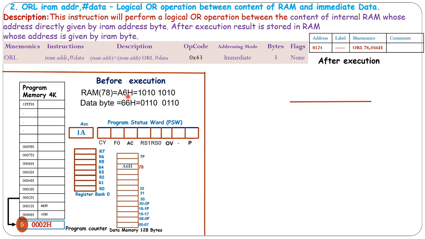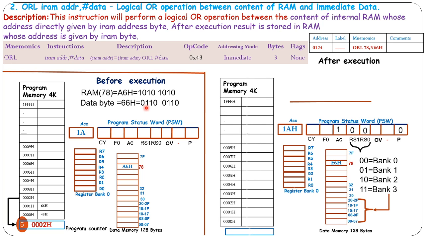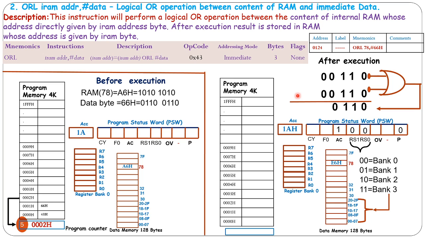This data and the content of the internal RAM are logically ORed. So after execution, the content of the random access memory will be like this: 0 0, output will be 0, ORing operation bit by bit, 1 1, 1, 1 1 1, 1 0 0 0, output will be 0, 0 0 0, 1 1 0, 1 1 1, 0 1, again 1, any one input is 1, output is 1, again 1.